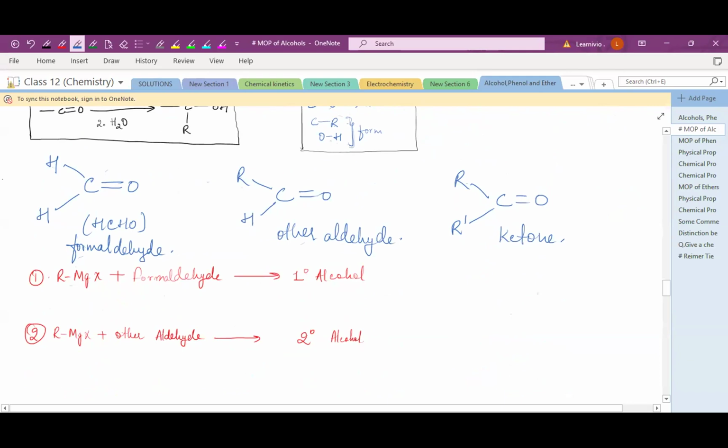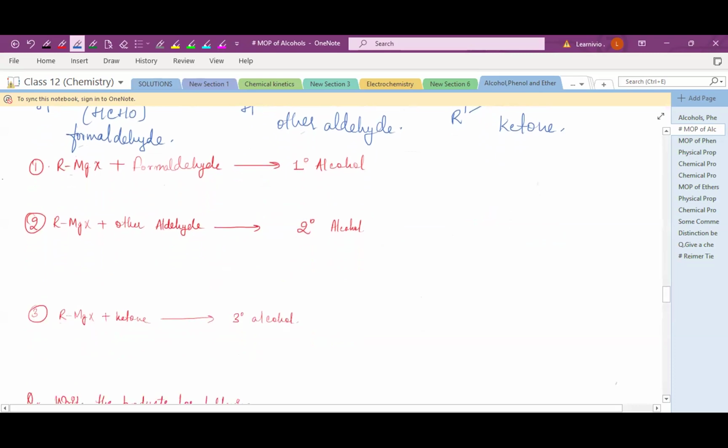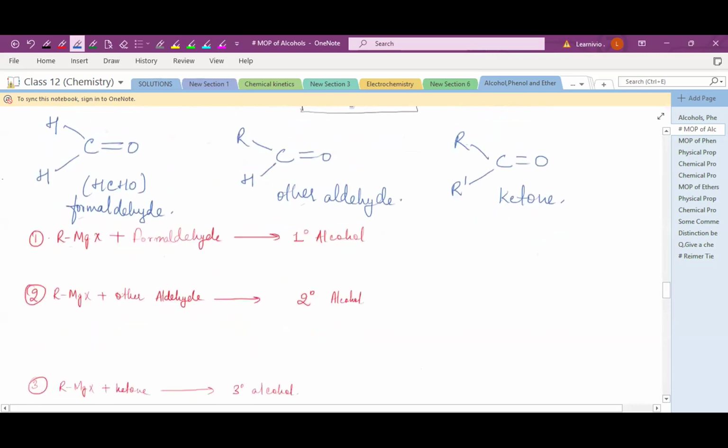If you are treating an aldehyde other than formaldehyde with your Grignard reagent, you will get a secondary alcohol. And when a ketone is treated with a Grignard reagent, you will get a tertiary alcohol. We will see each and every case with an example.